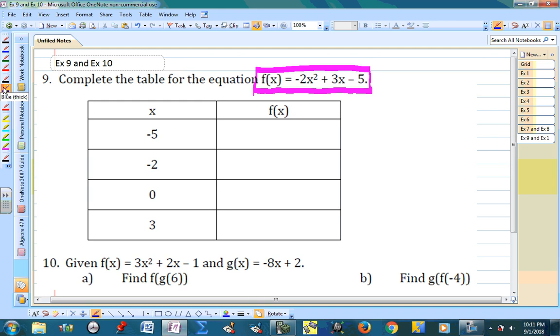First, we're going to start with x equals negative 5. You see that negative 5 is in the x column. So we know that we're going to put negative 5 in place of x. So f of negative 5 is going to be negative 2 times negative 5 squared plus 3 times negative 5 minus 5.